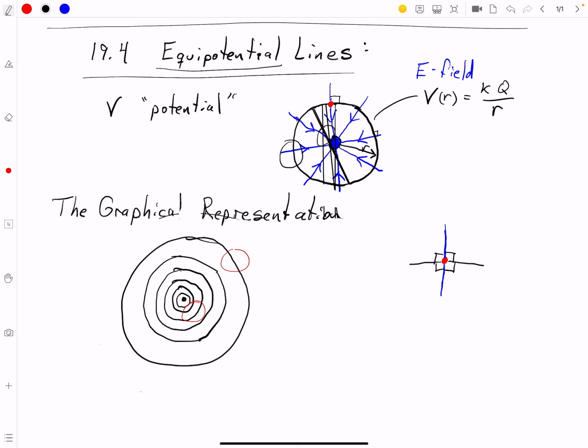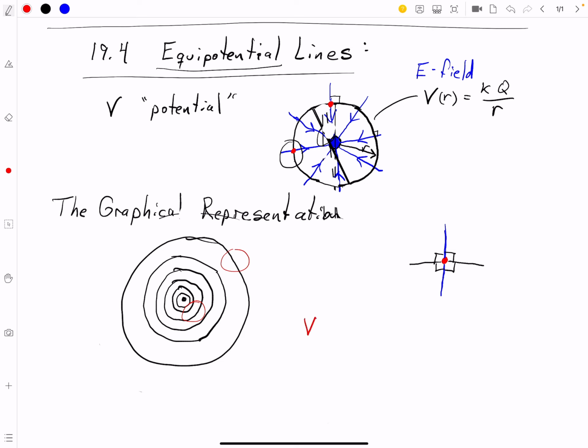No matter what the shape, what the situation, these guys are always... Every time they cross at a certain point like this, they're always 90 degrees to each other, perpendicular.